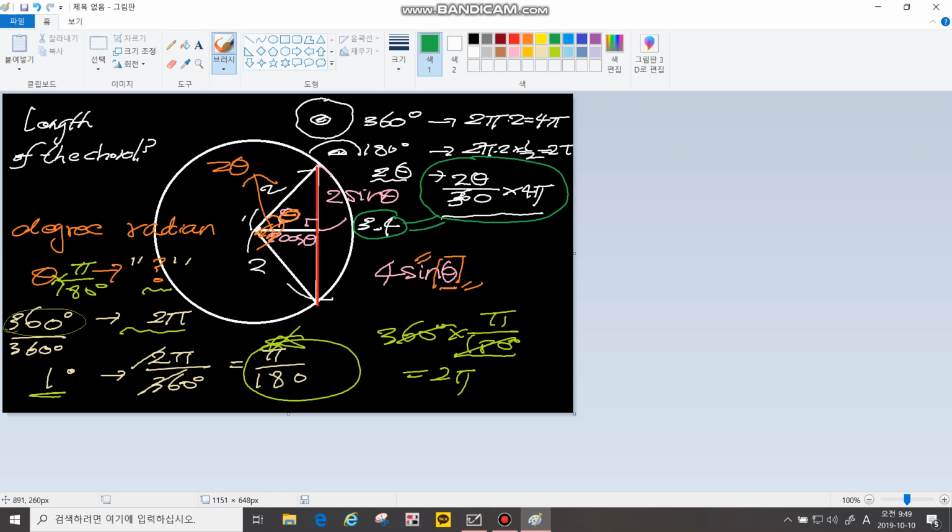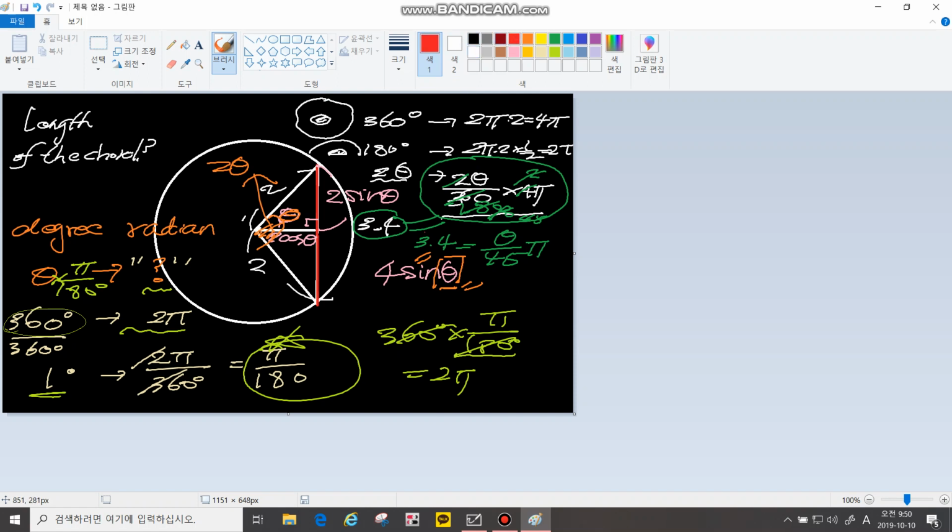This one matches with 3.4. So 2 theta over 360, if you simplify that, then you have 180, and then you simplify that with 4. Then this is 90, and this is 45. So you have theta over 45 times pi is 3.4, right? So all you need to do now is solve this for theta.